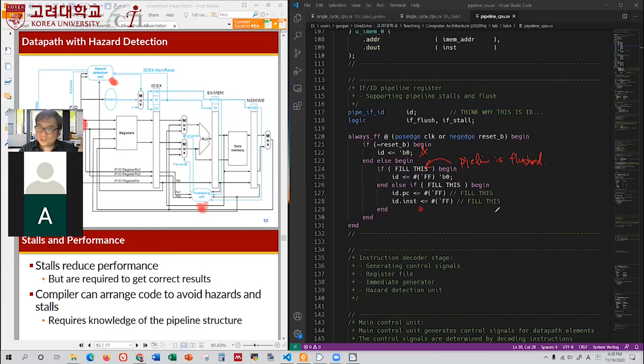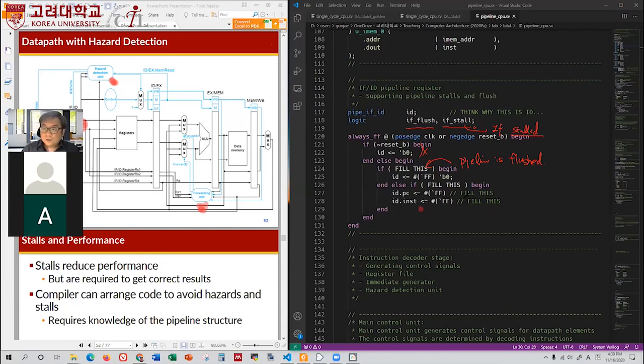This control signal is generated from the hazard detection unit. So you can find the IF underbar flush, which means the instruction fetch stage is flushed. Also, you can find the IF underbar stall, which means the instruction fetch stage is stalled. Stall means that the instruction remains in its stage even at the next cycle. The pipeline does not go to the next stage. So this pipeline is stalled.